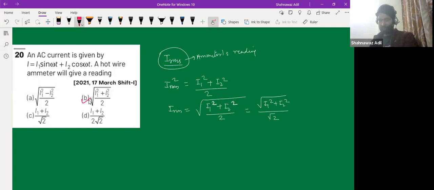This is only in JEE, it's a JEE formula, not CBSE, because in CBSE you will not have those combinations of currents.